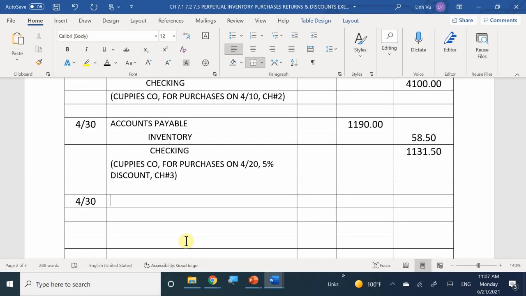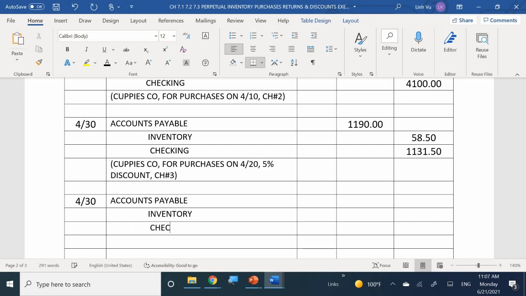So how are we going to journalize this and make a payment for it? It would be accounts payable, inventory, and checking.